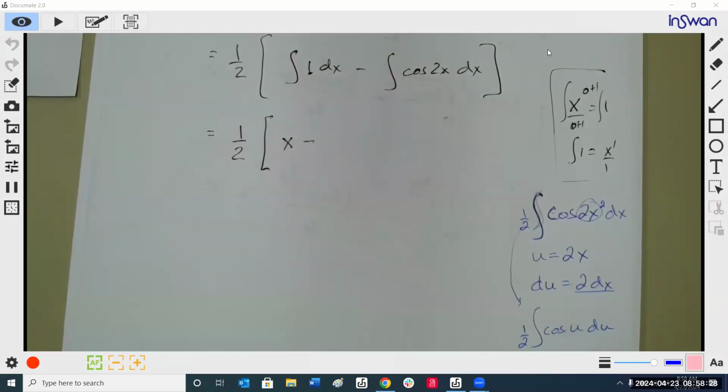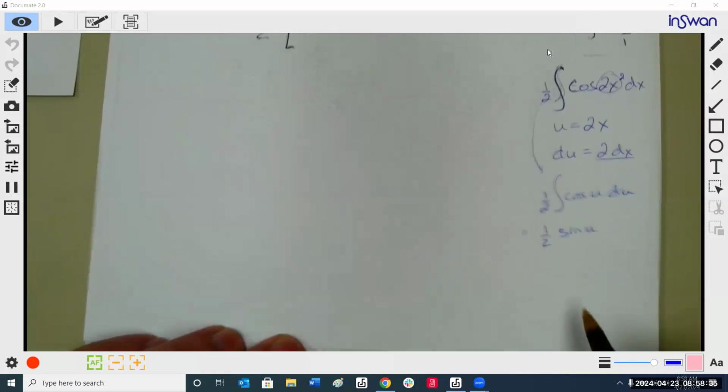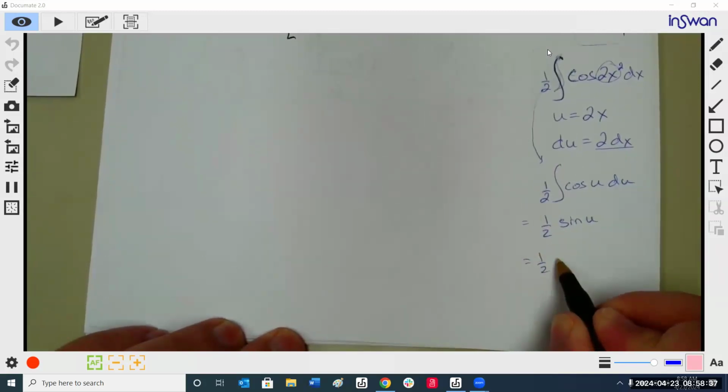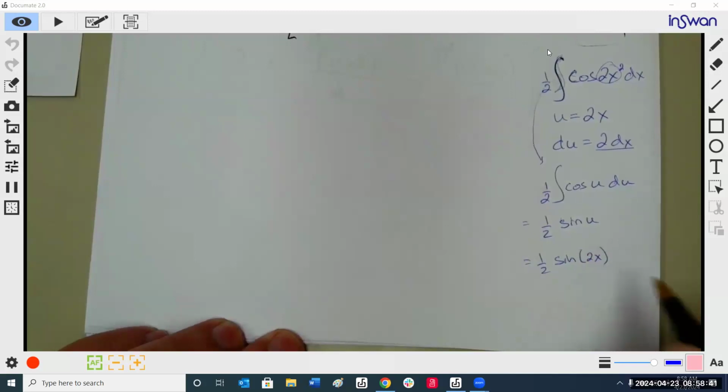The integral of cosine is sine u, which is 1/2 sine 2x.